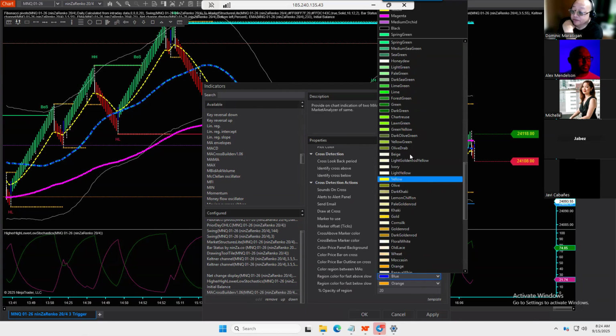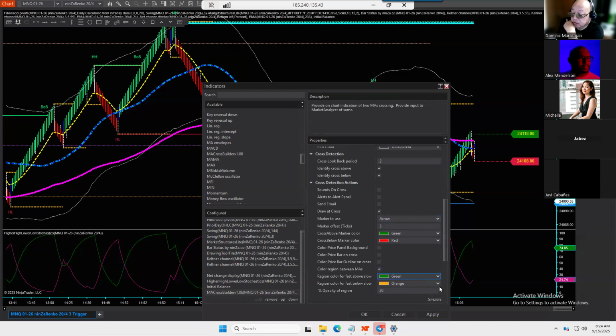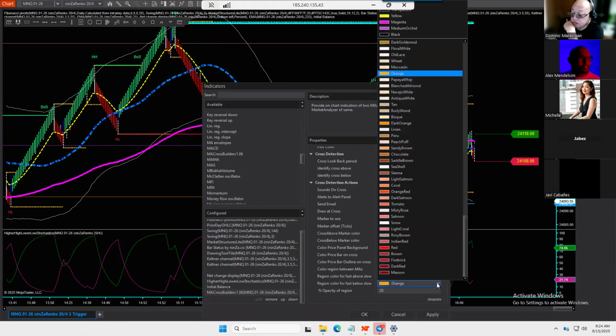Now this is specific for the basic system. If I do this on the VWAP chart, it's going to have too many shades in there. So this is just for this one. Green, and this one's going to be red.